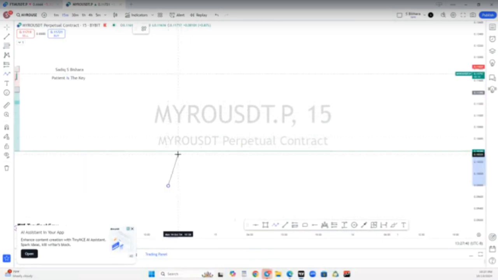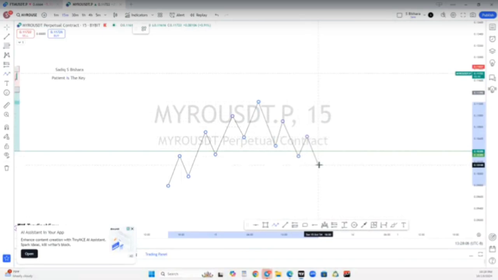The market is going rally, pullback, rally, pullback, rally, pullback, then rally, market structure shift, pullback, rally, pullback, rally, pullback, and then rally.